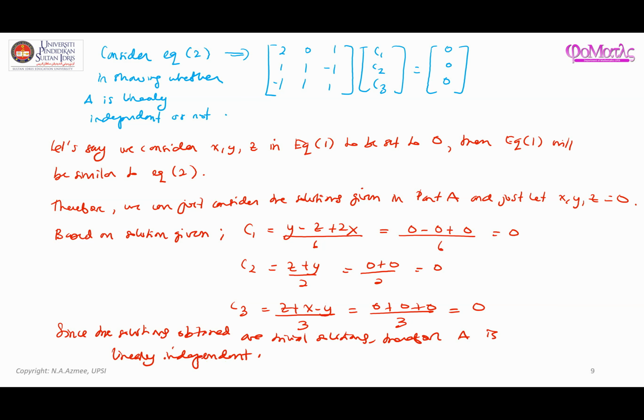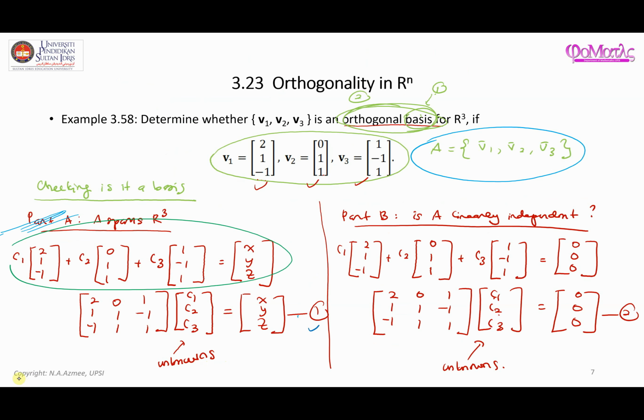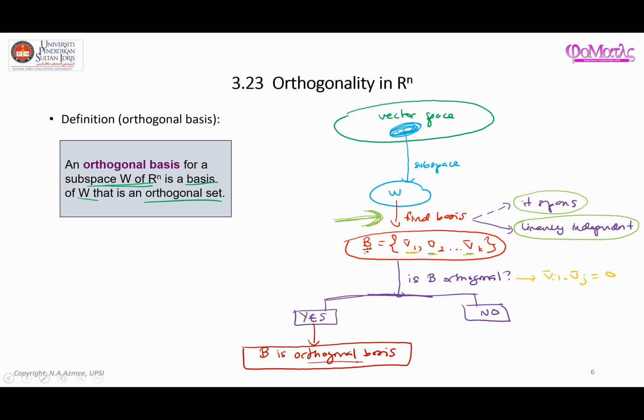Okay, so what we have got so far is, according to this diagram, we have shown that we have a basis, and our basis is called A. So we have only reached this part, so now we need to check if it is orthogonal.